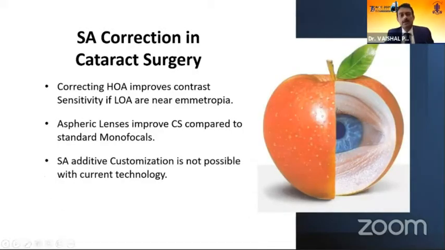So spherical aberration correction in cataract surgery is not something new. We have aspheric lenses to improve contrast sensitivity, and customization is not possible with the current technology. We just have neutral and negative aspheric IOLs and spheric IOLs at the moment.